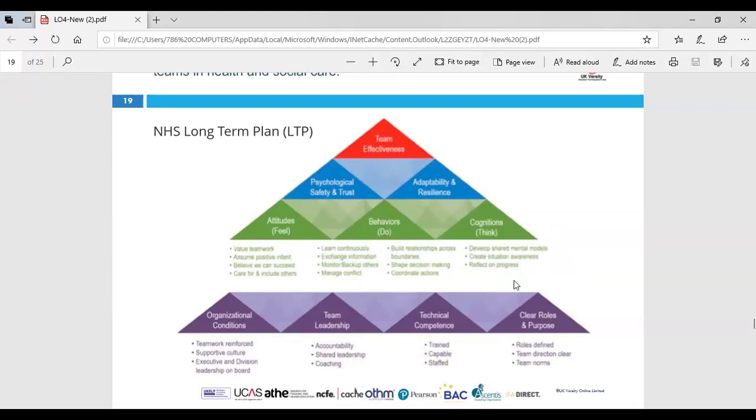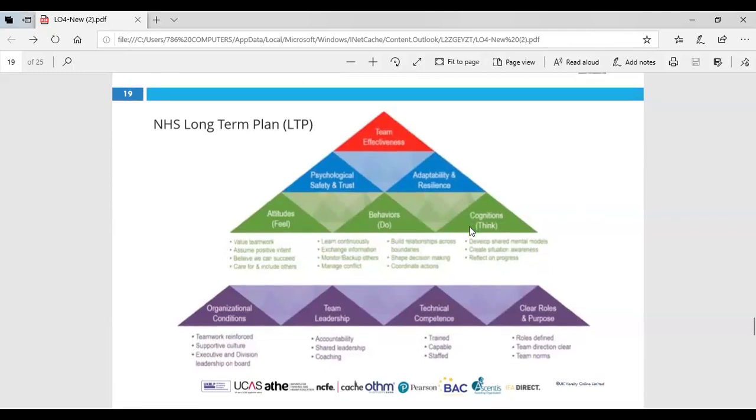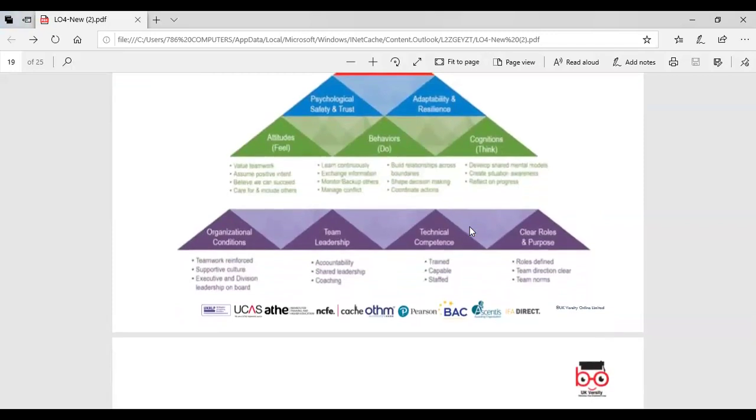And what do you think? What should you think? To develop shared mental models, to create situational awareness and reflect on progress. So this is a long-term plan that leads ultimately to team effectiveness. So all of these are the integral components.